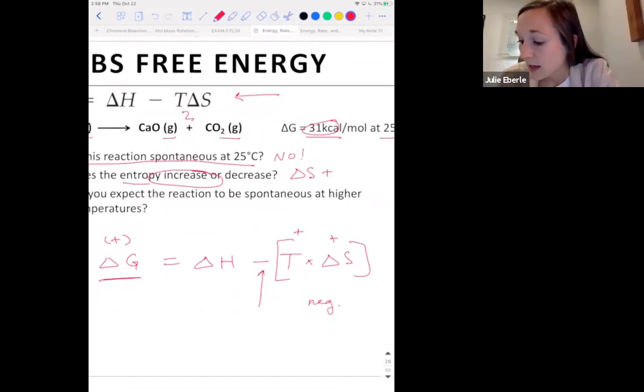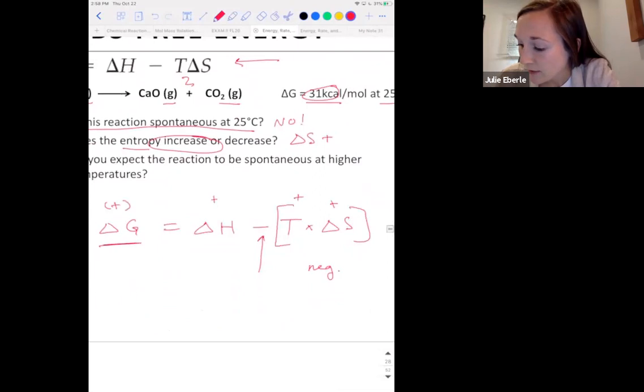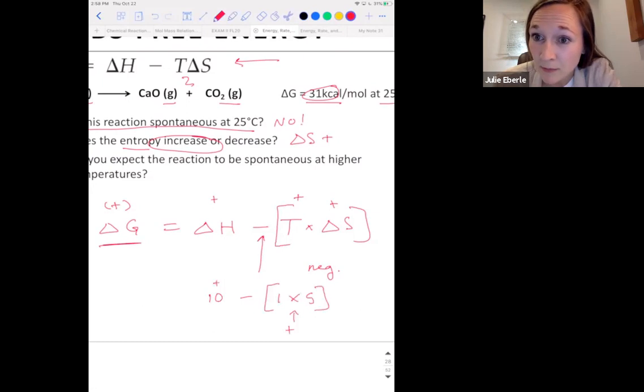Now, if we have a positive answer, it must be because we have a larger positive number right here. For example, if we have 10 minus 1 times 5, both of these numbers in the bracket are positive, and this one is also positive, but it's a bigger positive number.